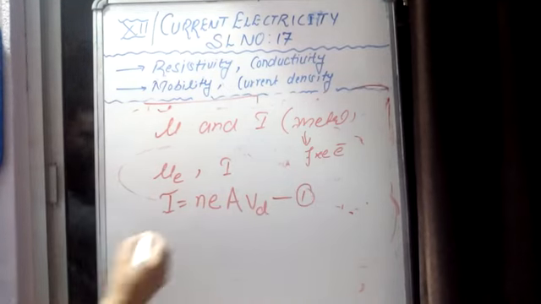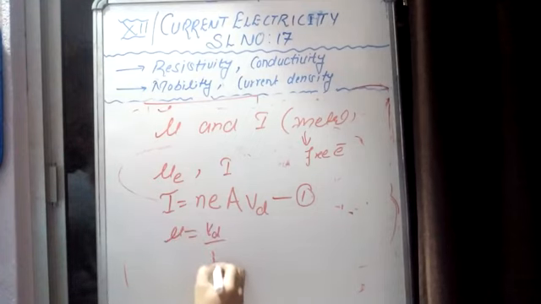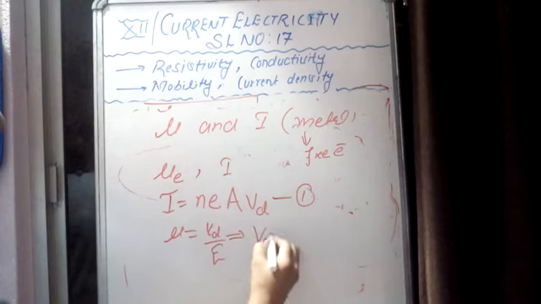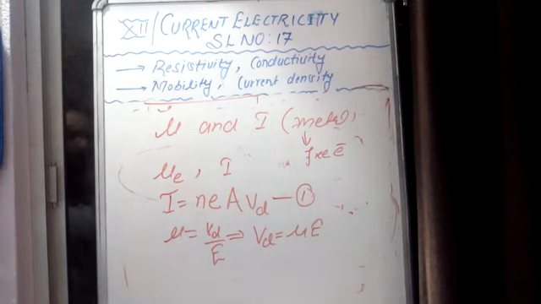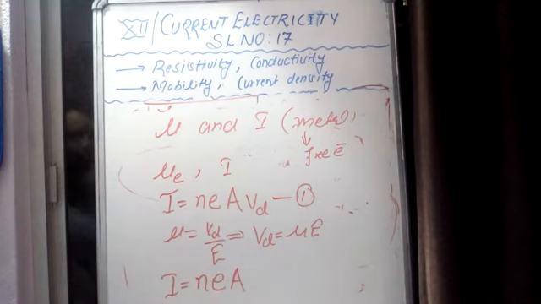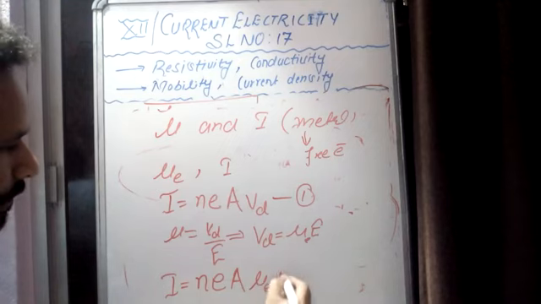What is mu? Mu is equal to drift velocity per unit electric field. So this implies that the drift velocity Vd is equal to mu times E. Therefore, by putting this, I is equal to n e A, and Vd is nothing but the mobility of the electron into the electric field.